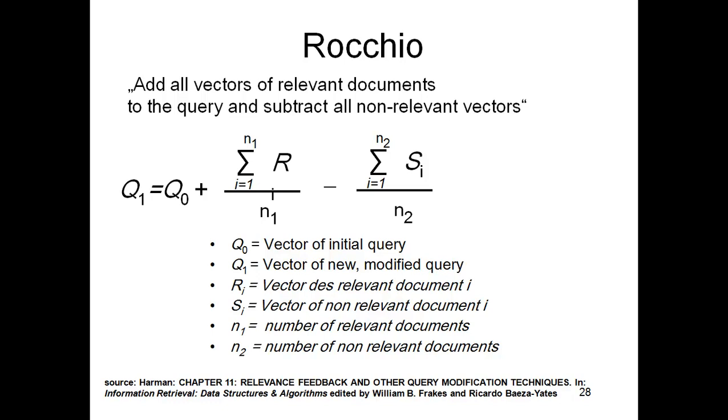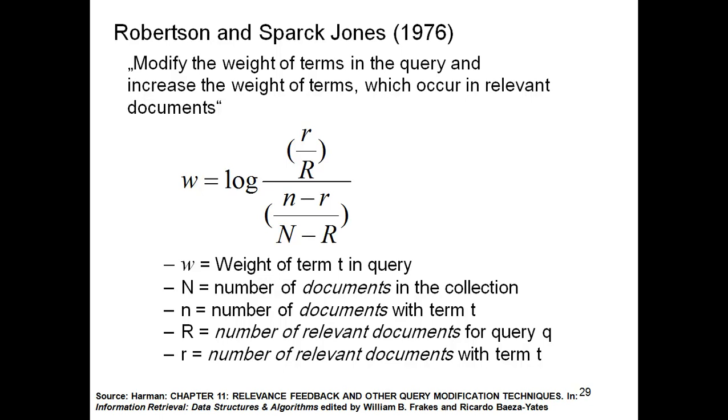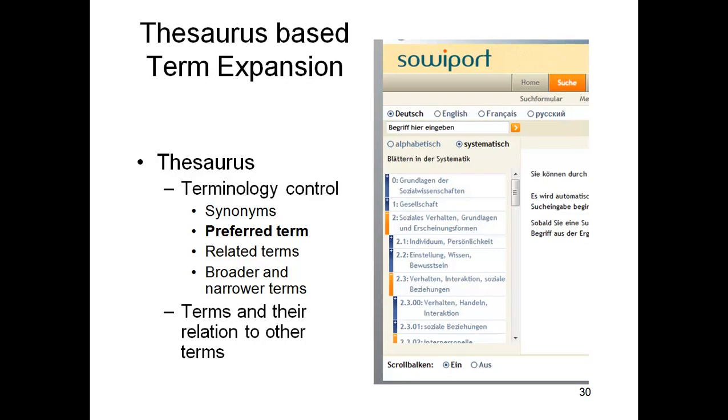So we simply add the term vectors of the relevant documents and subtract the ones from the irrelevant ones. That's a rather simple technology. There are other ways to do that, but we don't have to really go into this in detail. Also something you should be able to explain is what relevance feedback is, but you don't have to know the formulas for the exam, right?